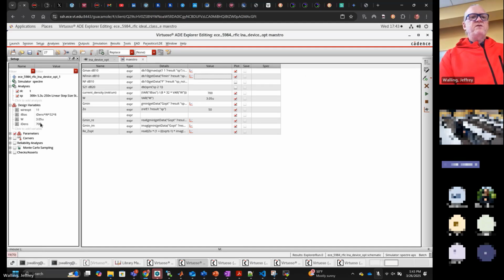So here, instead of sweeping current density, I fixed the current density at 700. When I swept this earlier, hopefully you'll recall, I found that the optimal current density was somewhere around 700 milliamps per micrometer of gate width. So here I'm going to just put that number in, and then I'm going to sweep the width of a finger, and I have 32 fingers and 8 parallel devices.